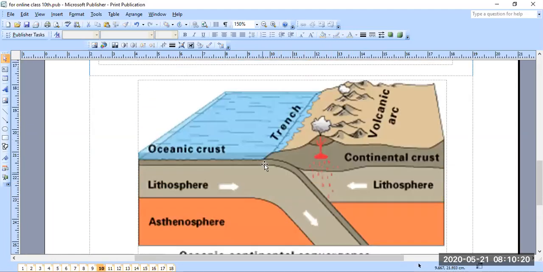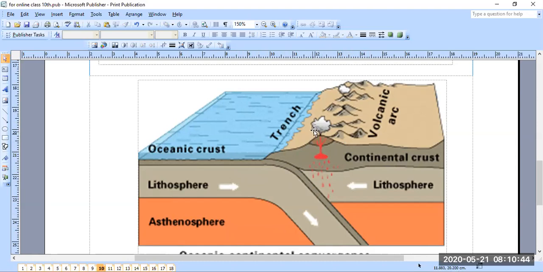Another example to bring you a closer identification of how this happens. You see ocean crust over here. When they move, being heavy, they move down back to the mantle and the core of the earth. They again melt down.